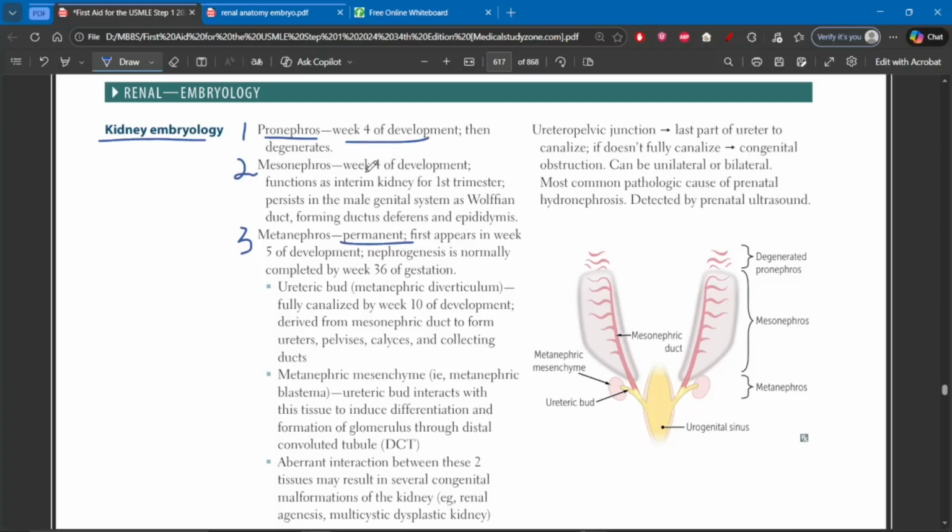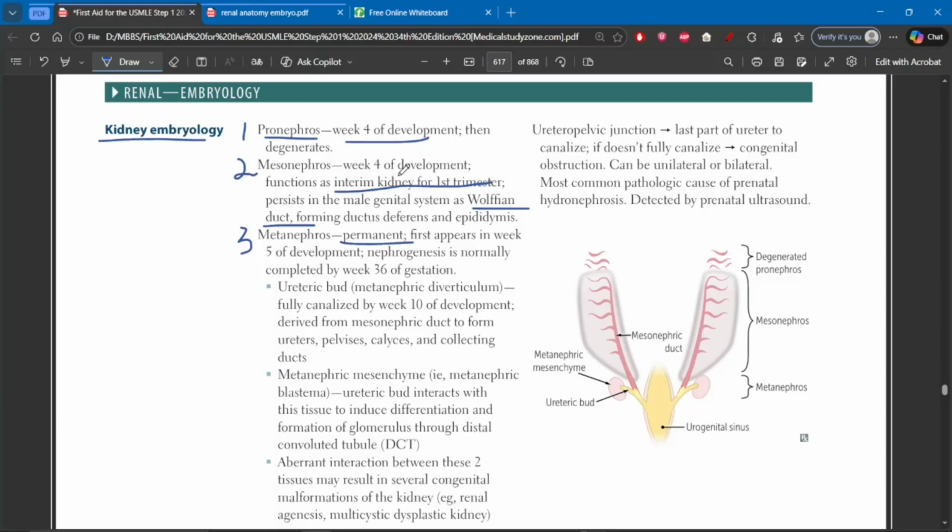As this is degenerating, the mesonephros starts to work, and it functions as an interim kidney for the first trimester, and it persists in the male genital system as the Wolffian duct, forming the ductus deferens and the epididymis. So the mesonephros is something that persists in the fetus, even as it matures, right?